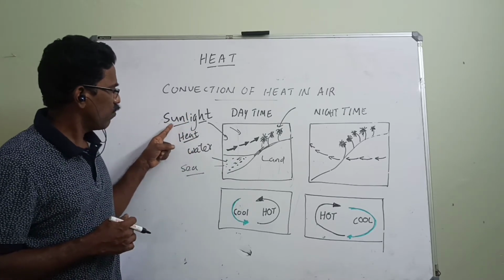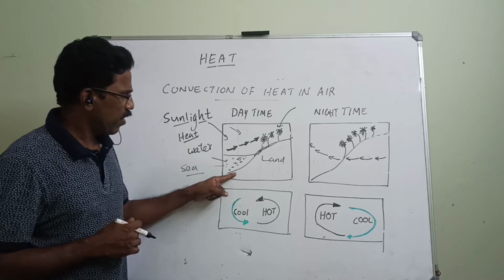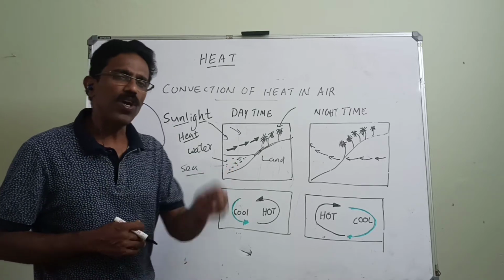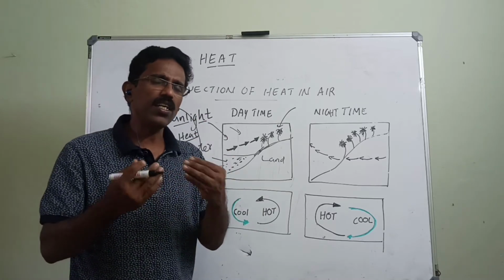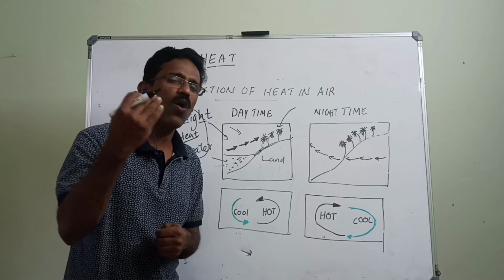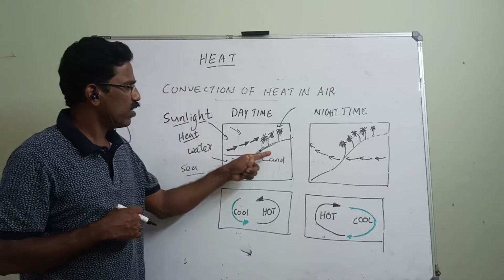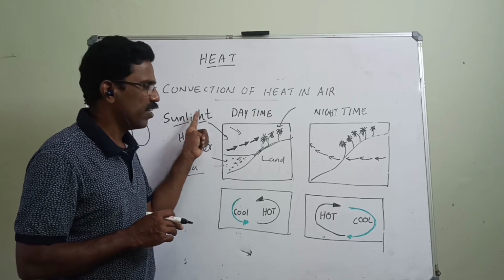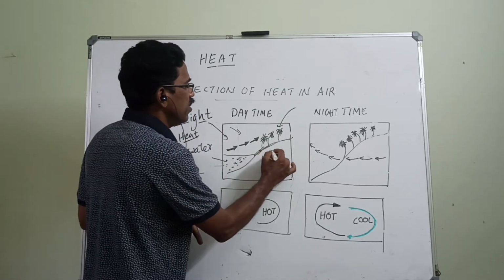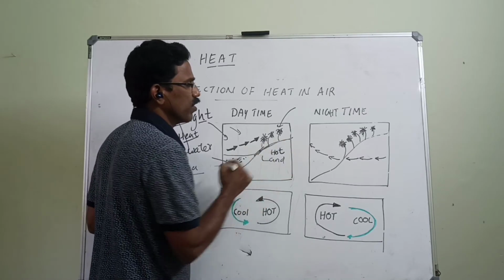The heat of the sun heats up this water very slowly. Water absorbs heat and gets heated up, but it takes a longer time. But what about the land? The land absorbs the sun's heat faster and becomes hot.